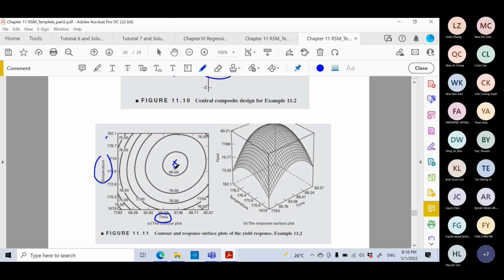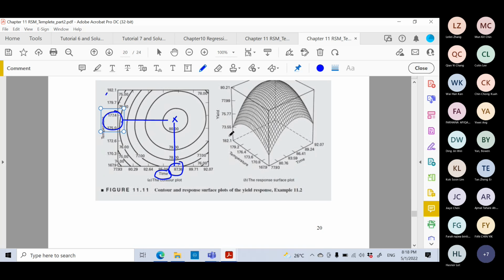Roughly around 80 plus for this one, and if the optimal is here, this one happens at 100 plus. It's somewhere around here, from the plot itself.